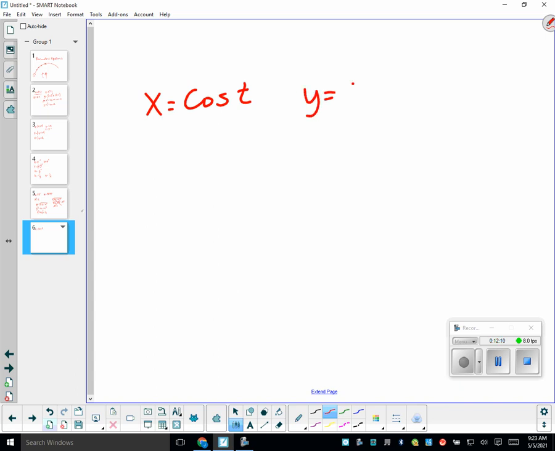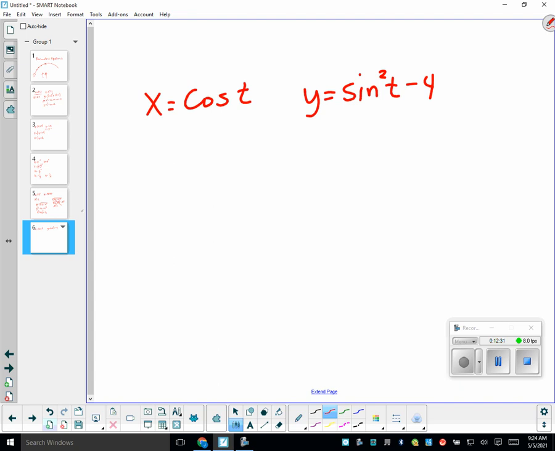Triangles. Here we go. x equals cos. I was like, what's cos? Oh no, it's a cosine. I don't remember any of this.